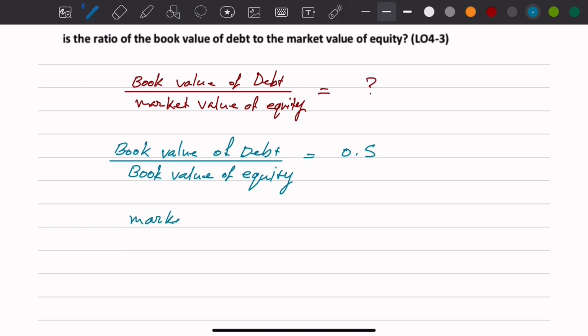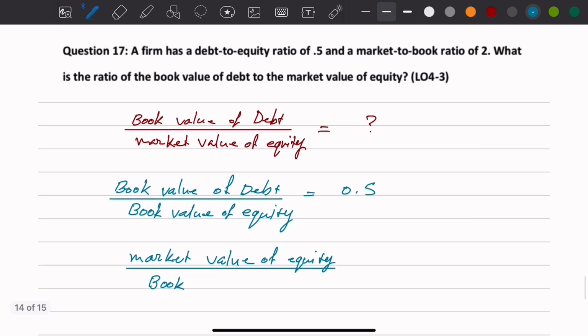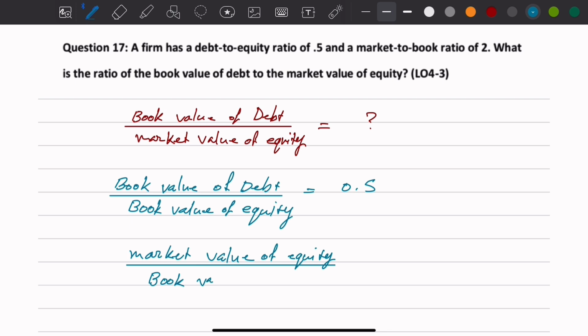Market value of equity to the book value of equity equals 2.